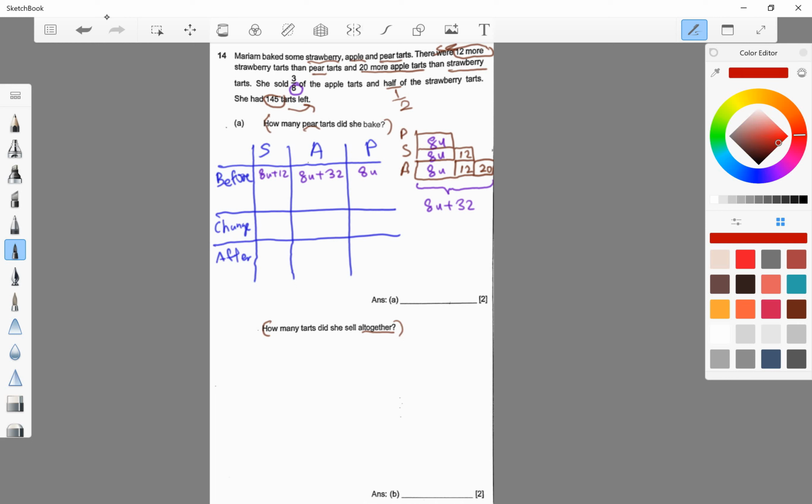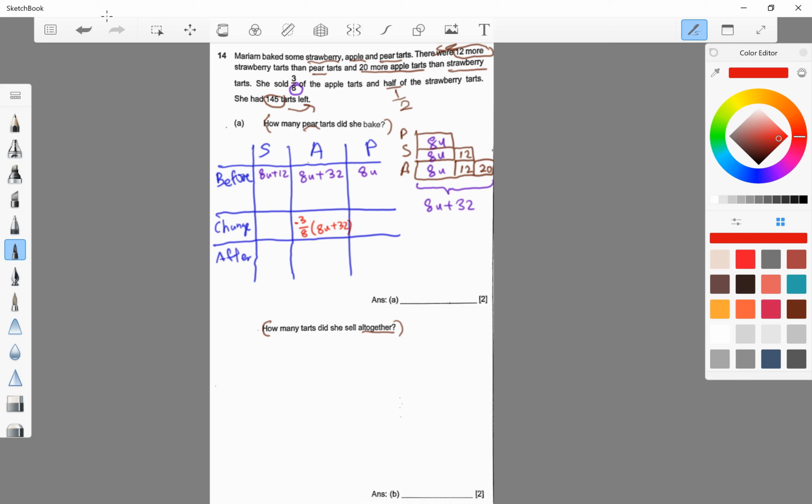So I will need to feature that in my table. Minus away 3 out of 8. Minus 3 out of 8 of what? Minus 3 out of 8 of 8 units plus 32. So let me try to feature this in the limited amount of space that I have. So minus 3 out of 8, bracket 8u plus 32, and we close the bracket.